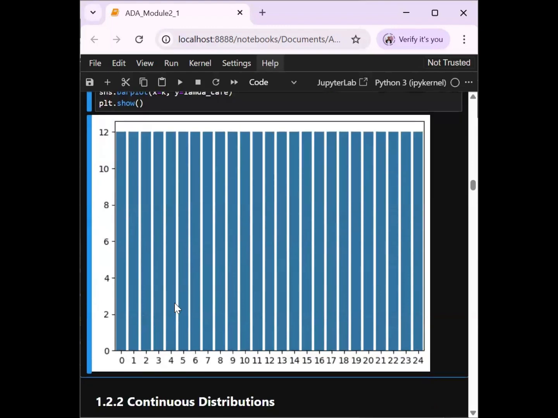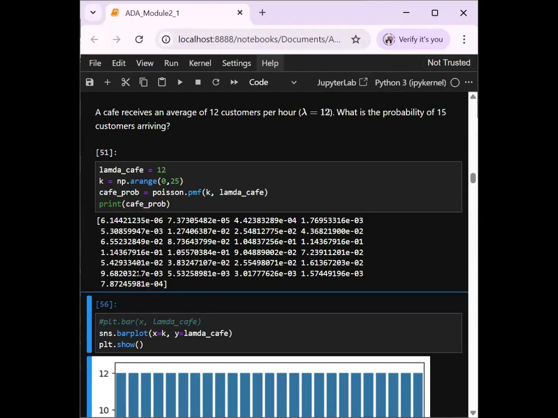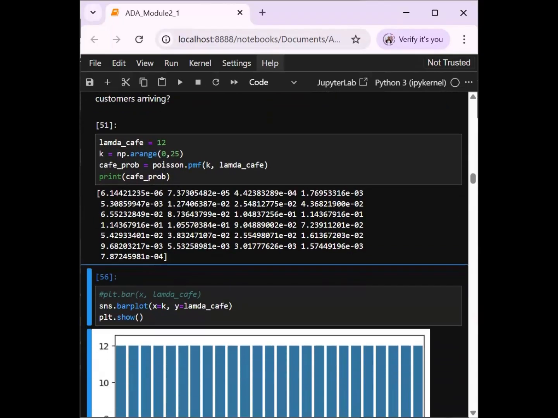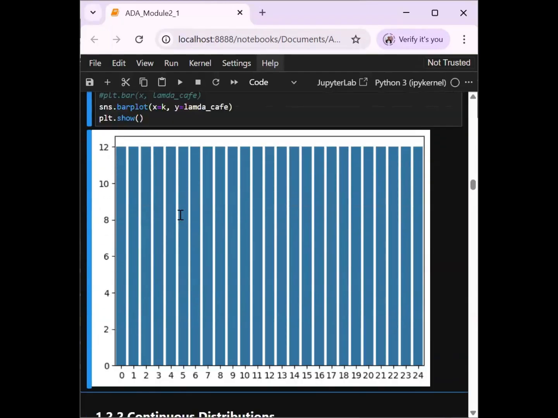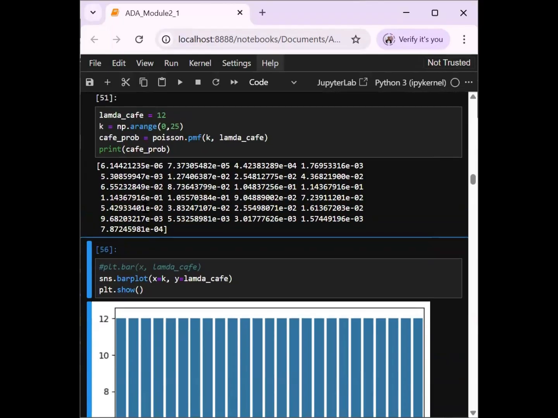It's the same thing. There's something wrong. These values are different. Maybe we'll come back to this, but this shouldn't be the distribution we should be having.